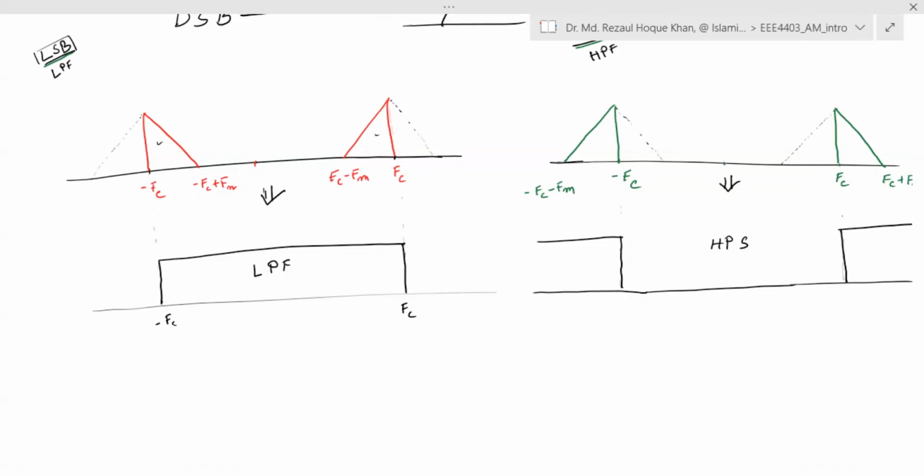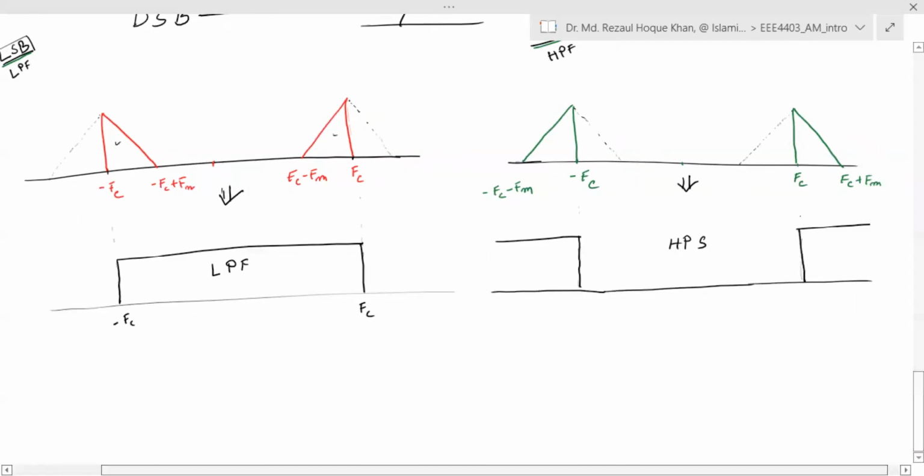Now, imagine I am passing it through a high pass filter. So what is the transfer function of this high pass filter? The transfer function should be 1 for frequency greater than or equal to FC.